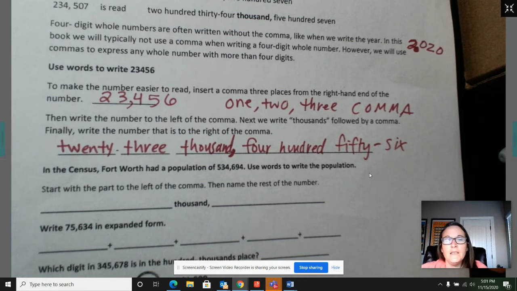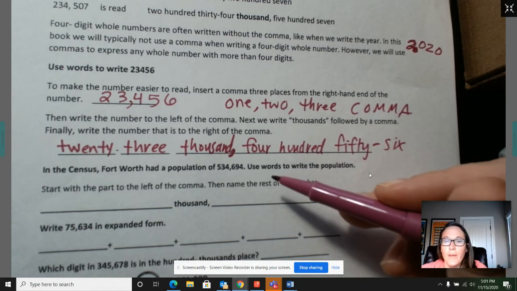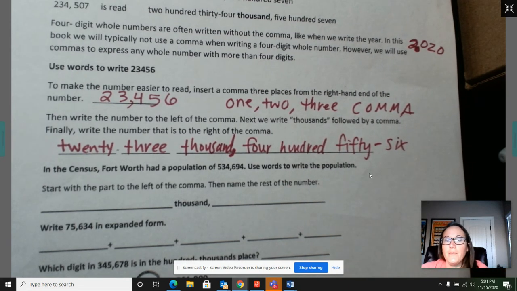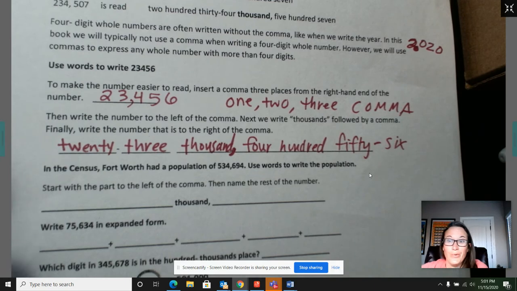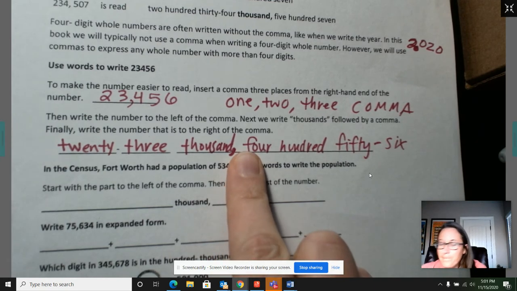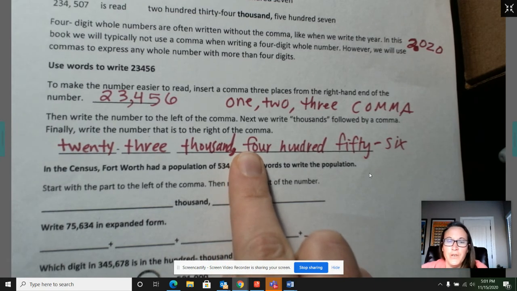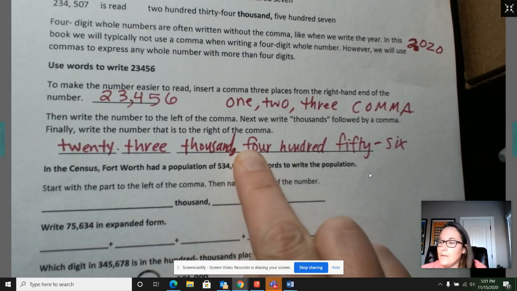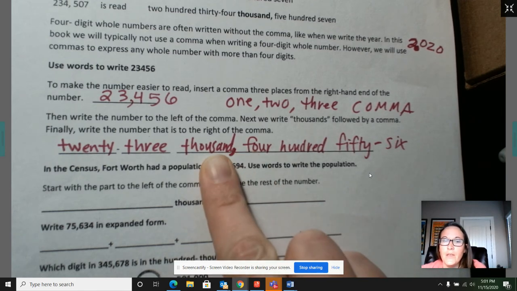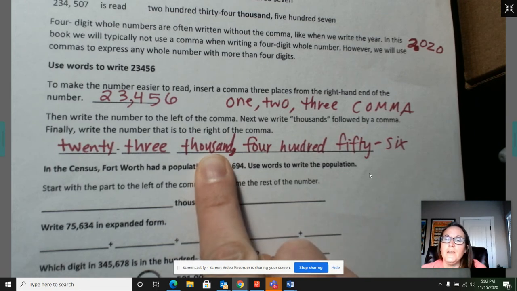All right. It says in the census, Fort Worth had a population of this big old number. Use words to write the population. All right. So I need practice just reading the number. I'm going to cover up 534,000. So 534,694.